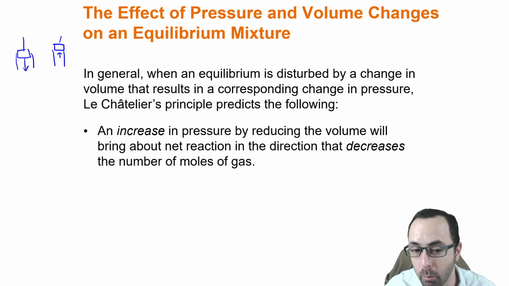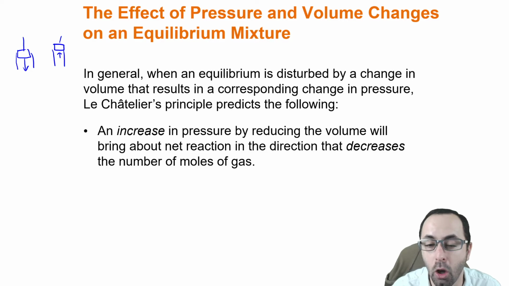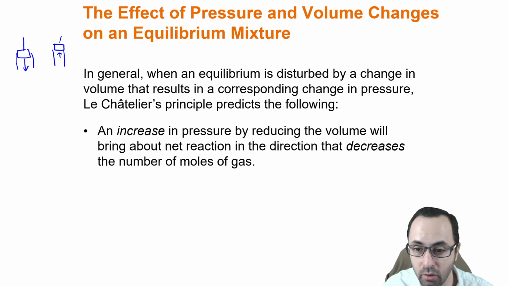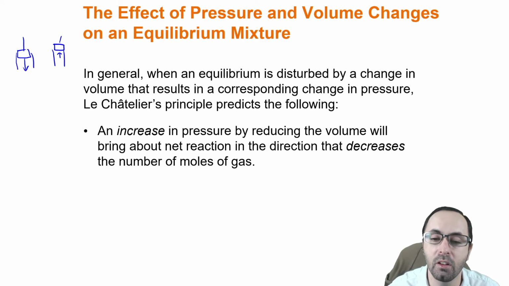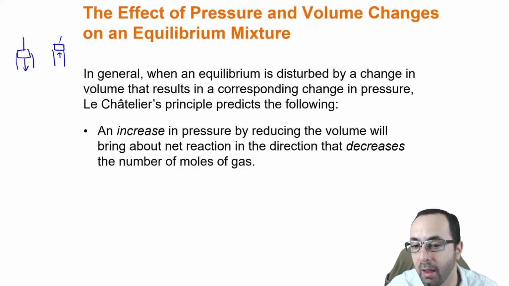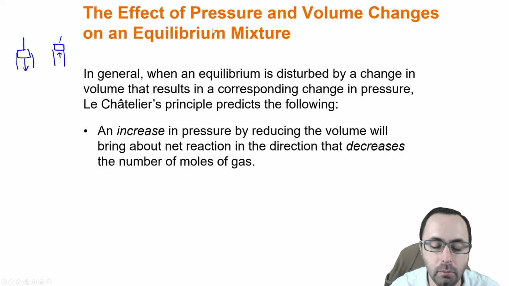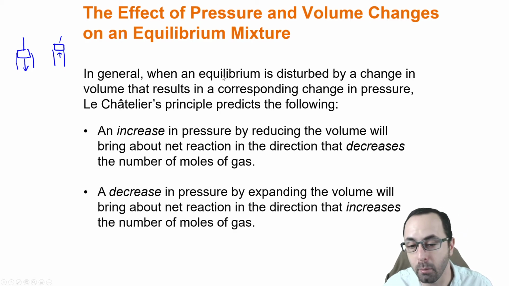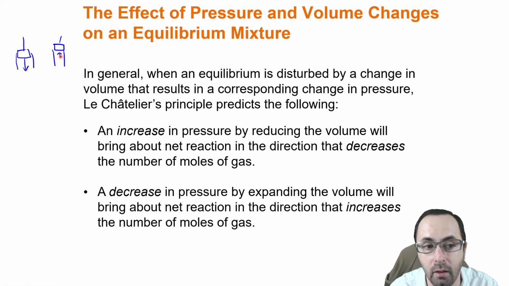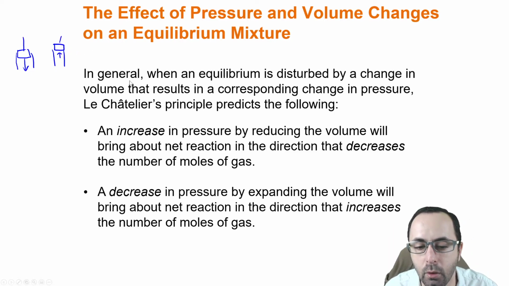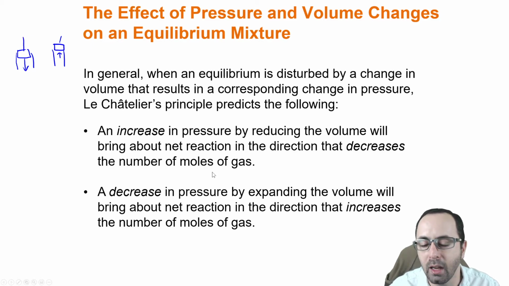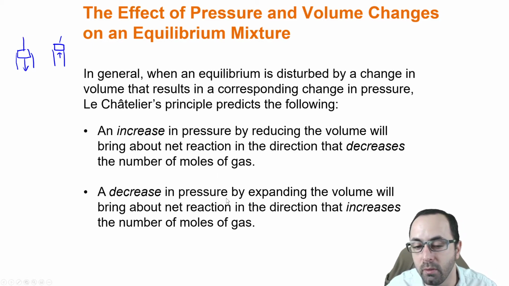If we increase the pressure, the reaction is going to go in such a way that it will reduce the pressure, which means it will go from more moles of gas, which have more pressure, to fewer moles of gas. Now, if we decrease the pressure, like the piston going up and increasing the volume, then the equilibrium will shift in the direction that will produce more moles of gas and will thus increase the pressure.